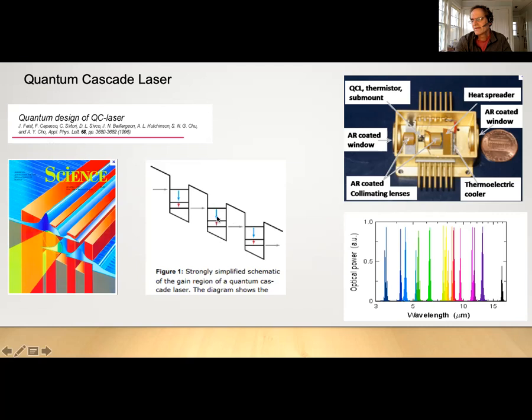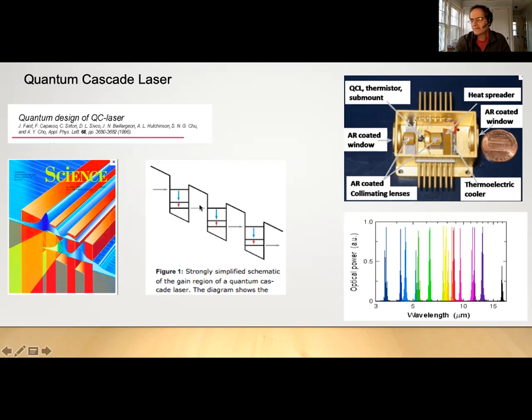In fact, you can develop a population inversion, where you have more electrons in the upper state than in the intermediate state. A population inversion is a necessary component for a laser. It's necessary for light amplification, because in that case, when light goes by, it can excite this transition. This transition produces more light at that frequency, and so you get gain. So this is a type of laser.